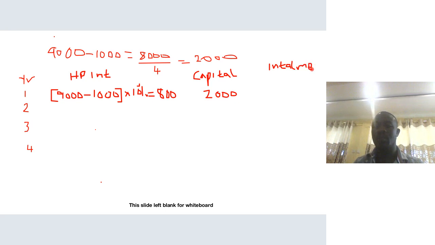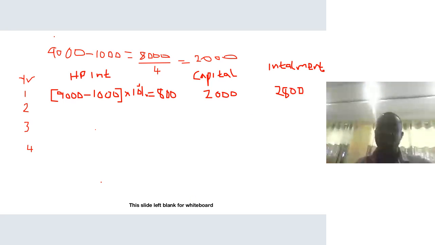For the installments, we'll add hire purchase interest plus the capital. So in our case, we'll have 800 plus 2,000, which will be 2,800 as the installment for year 1.